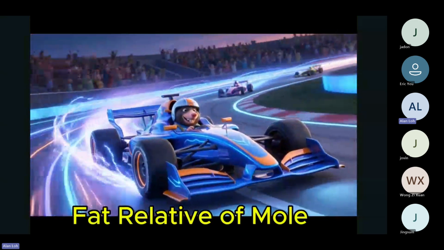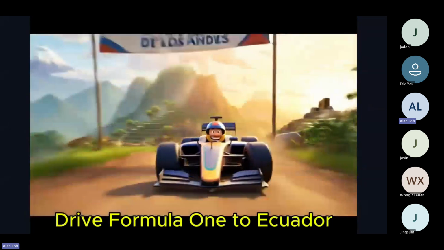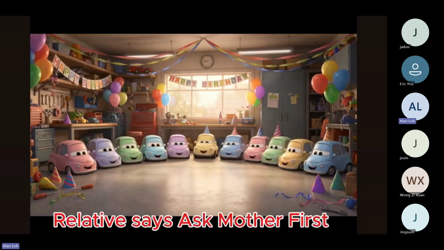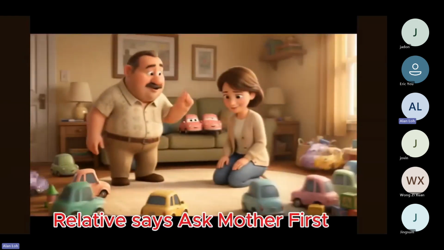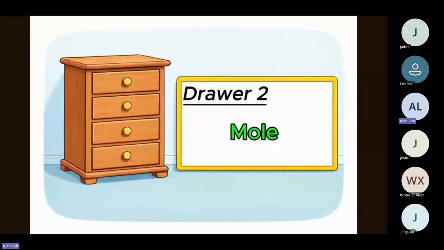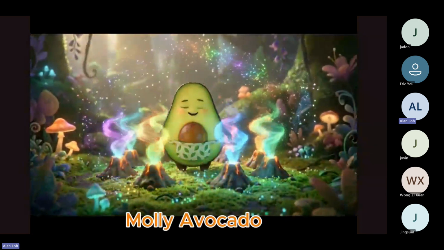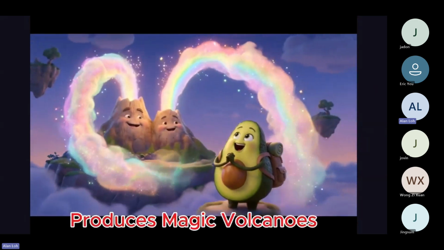For chapter 3, mole, chemical formula and equation. Fat relative of mole. Drive Formula 1 to Ecuador. Drawer 1. Relative mass. Relative says ask mother first. When 12 car born. Drawer 2. Mole. Molly avocado produces magic volcanoes.